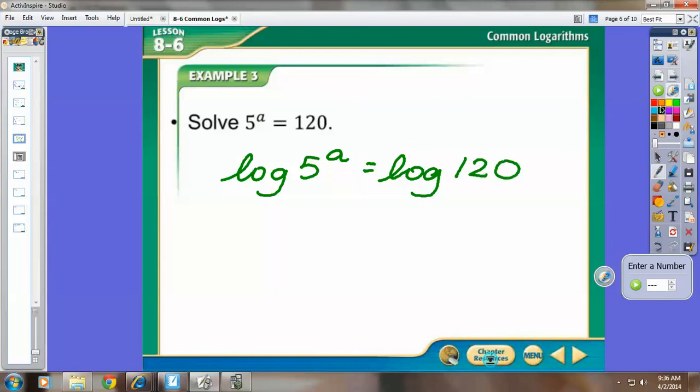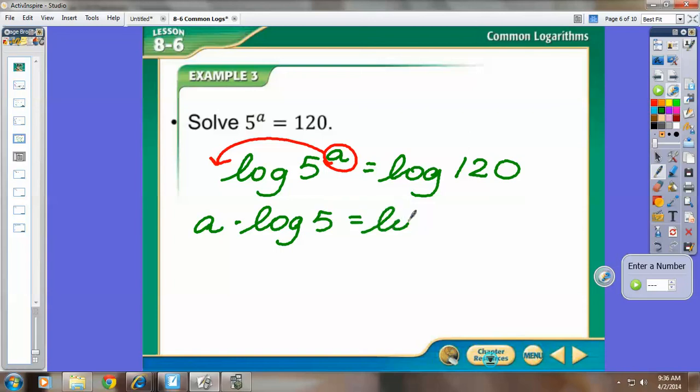Again, in this example, we do have an exponent of a. Where's that a going to end up? It's going to go to the front, just like in that last example. We can calculate this by solving for a.